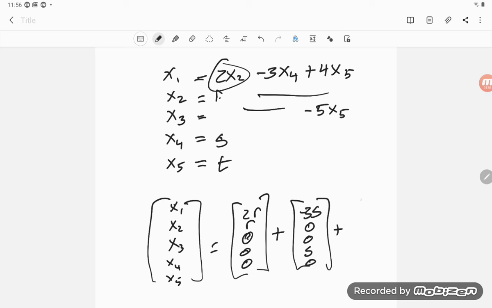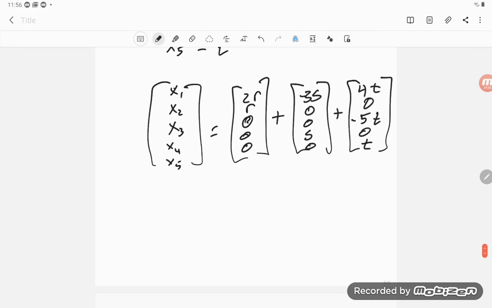And then plus, finally our T, so that's 4T, nothing there, negative 5T, and then nothing there, and then T, because that's what x5 is.